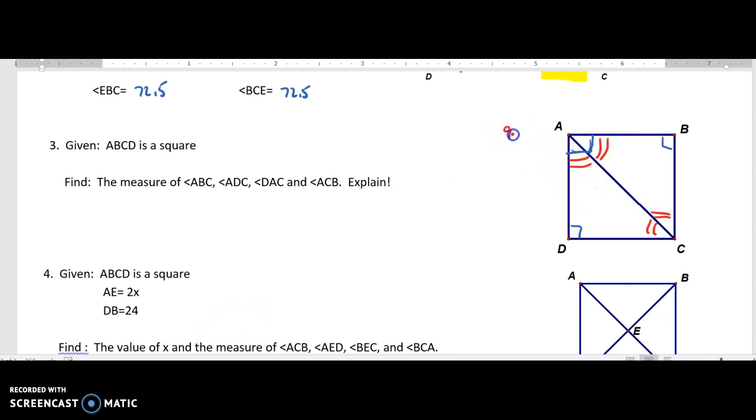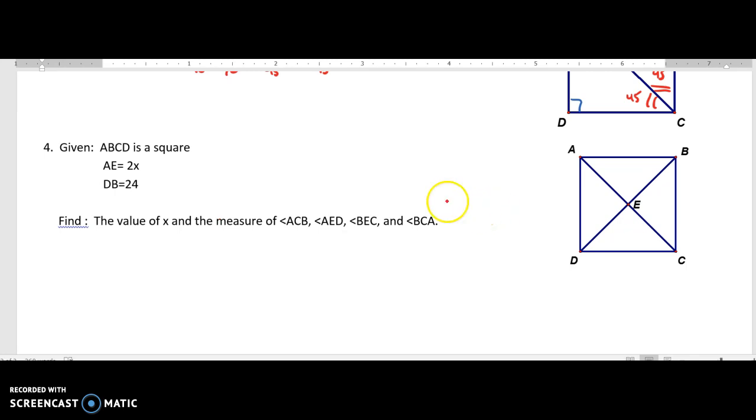So if I take 90 and I divide it by 2, this is 45, this is 45, 45, and 45. So angle ABC, that's pretty easy. That's just 90 degrees. ADC, again, easy, 90 degrees. But DAC is 45 and ACB is 45.